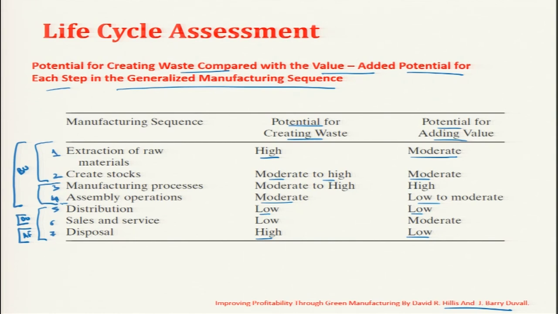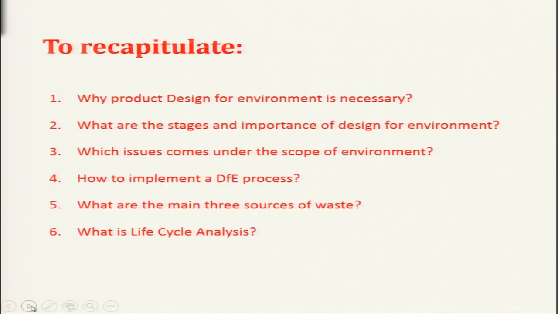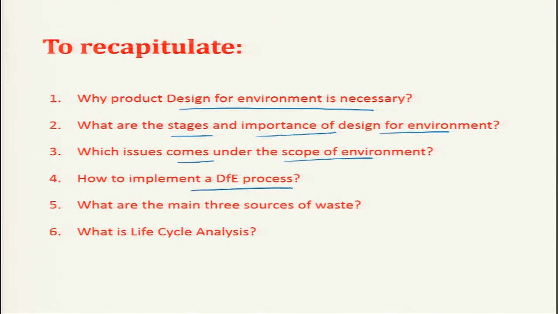So, just to recapitulate, we have seen in this presentation why product design for environment is necessary, what are the stages and importance of design for environment, which issues come under the scope of environment. We have seen the scope in these 2-3 lectures. We have seen what is design for environment, how to implement design for environment, and the levels of design for environment.